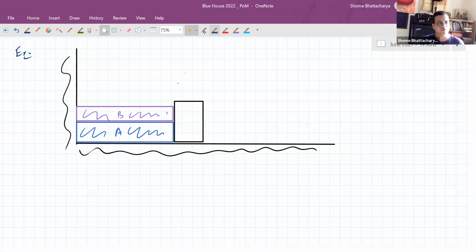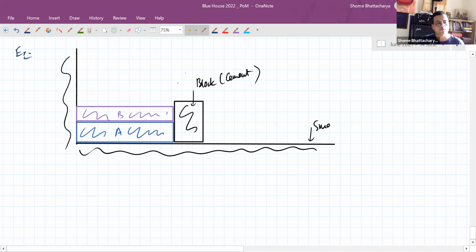So we have sort of a block made of cement on a smooth floor, and now A and B are metallic blocks but longitudinal in shape.